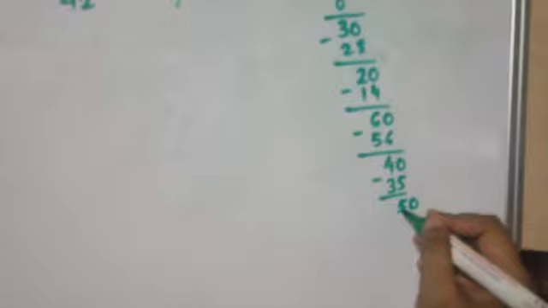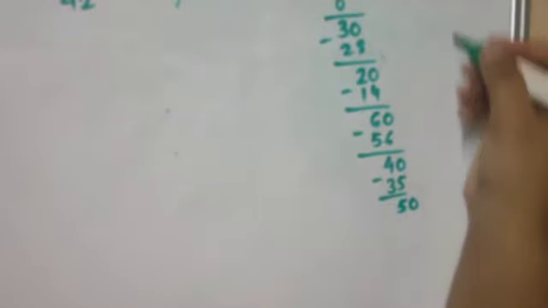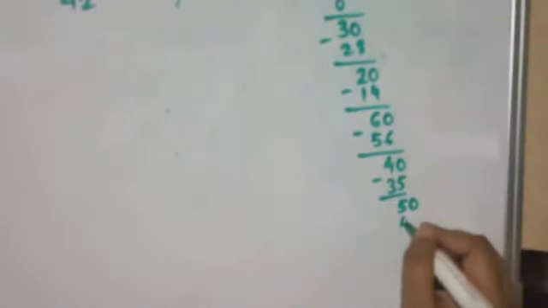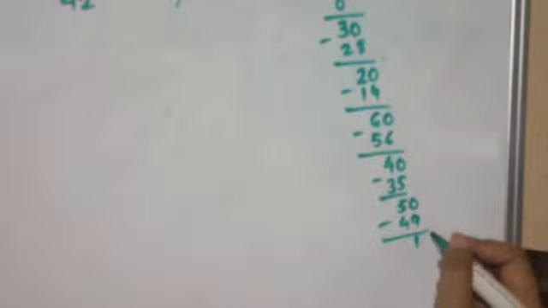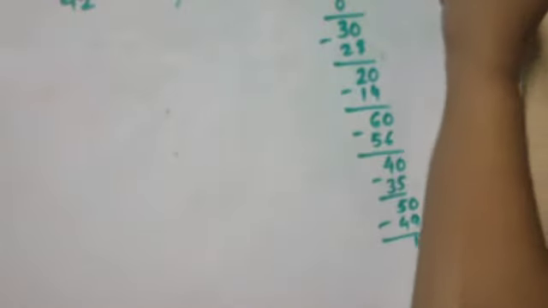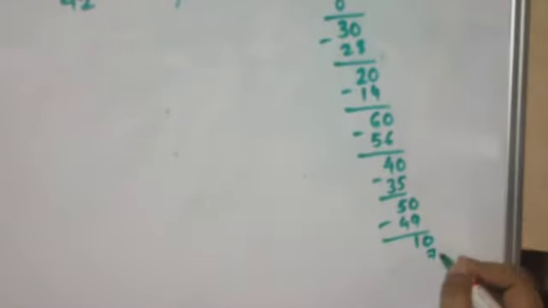Again 0, that is 50. 7 7s are 49. 50 minus 49, 1. Again 0. 7 1s are 7.